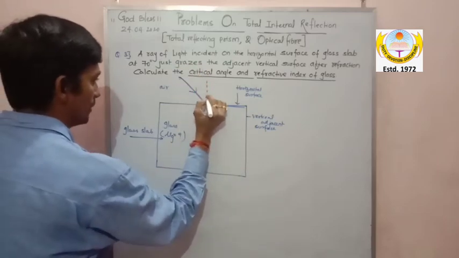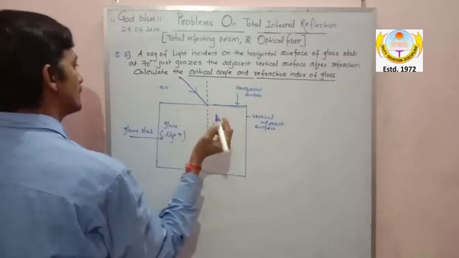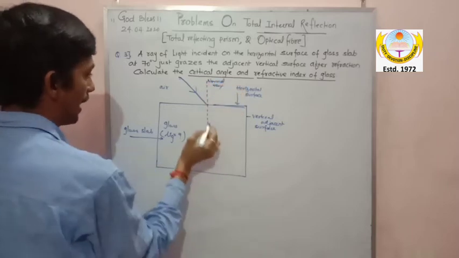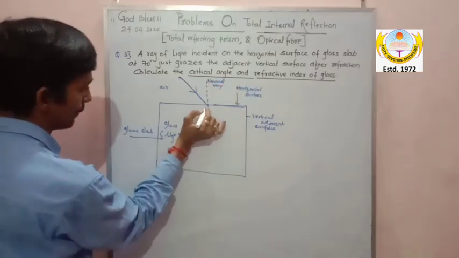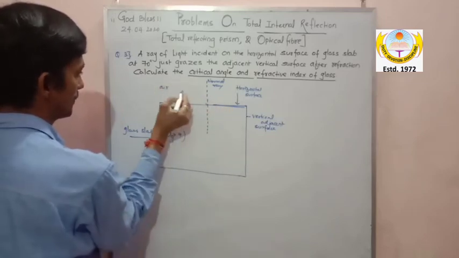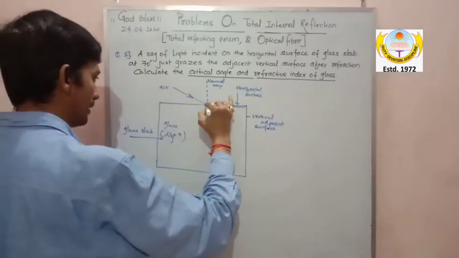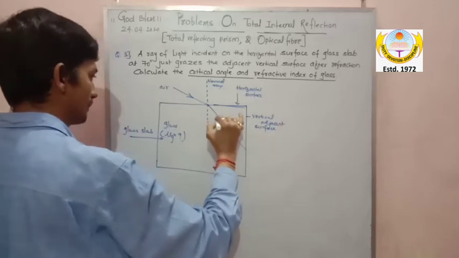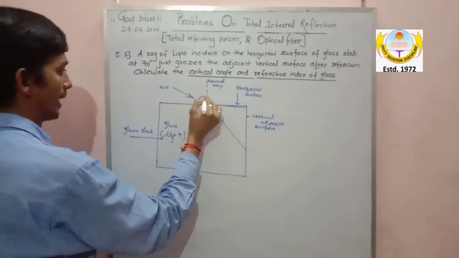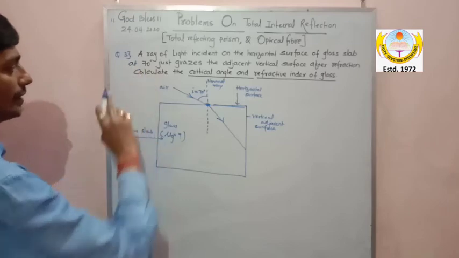This is the normal ray, and it will be bent towards the normal like this. There it is making an angle of i, that is 70 degree. You can see in the figure.